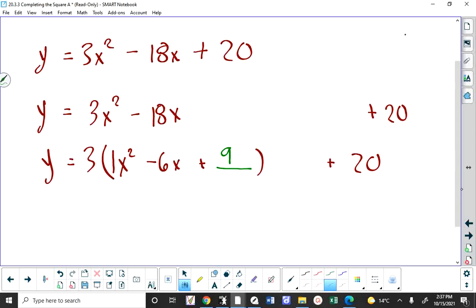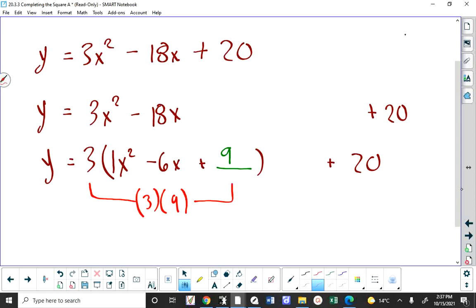I've added 27. Because that 3 is something outside of the brackets multiplied by what's inside of the brackets that I wrote in there. I've added 27.